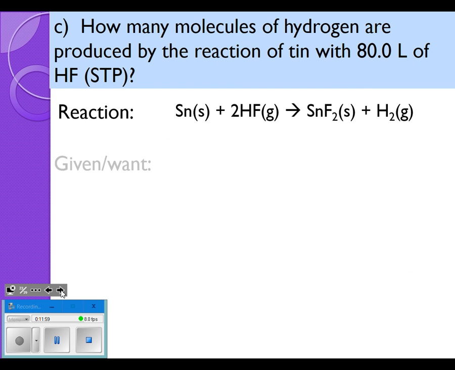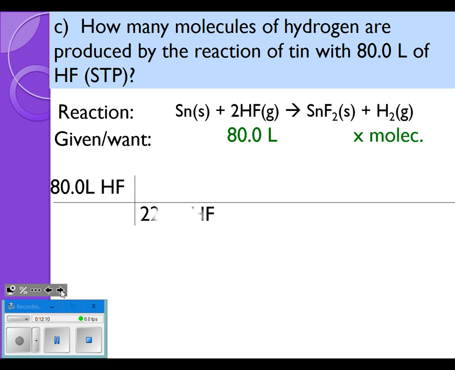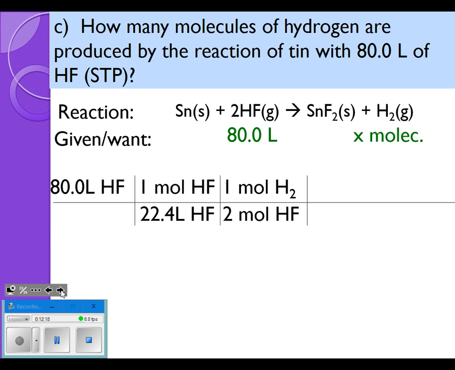Same reaction, but I could start with liters and want to find molecules. So if I started with liters, I know there's 22.4 liters for every 1 mole, so I would divide by 22.4. Then I would set up my mole ratio, so I'd put 2 moles on the bottom and 1 mole on the top. And then I know for every 1 mole of H2, there's 6.02 times 10 to the 23rd molecules.